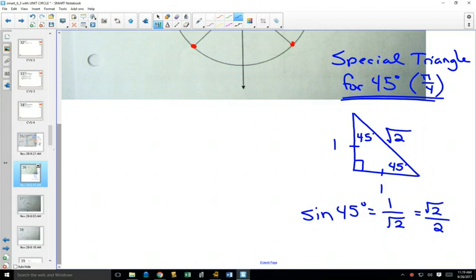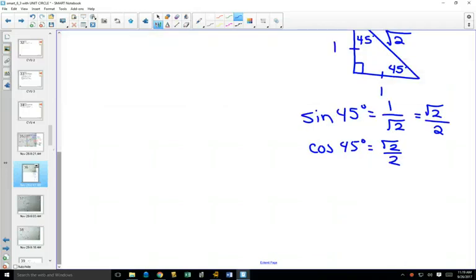If you wrote 1 over root 2, it's not wrong. You don't need to have it rationalized, but for our purposes, we'll write it as root 2 over 2. Same thing, cos of 45 degrees is also going to be 1 over root 2 or root 2 over 2. And tan of 45 degrees is 1 over 1, which is just 1.